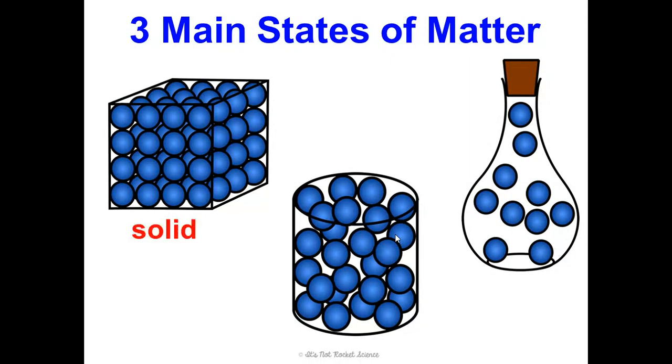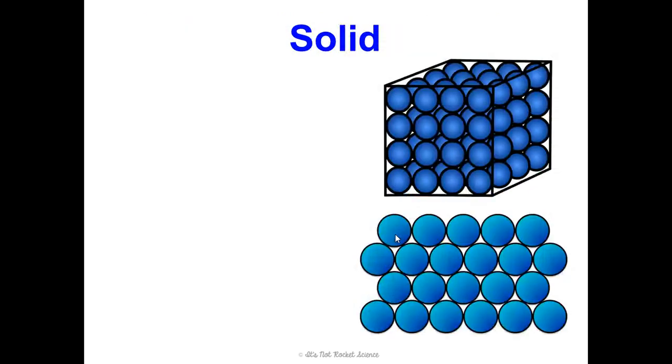So this is the solid, this is the liquid, this is the gas. And you don't have to identify these because the pictures are just next to the words in your packet. So to finish off on page 25, we're going to start talking about a solid. So we have a two-dimensional picture down here in the bottom of a solid and how the objects look and how they're just sort of crammed into each other.